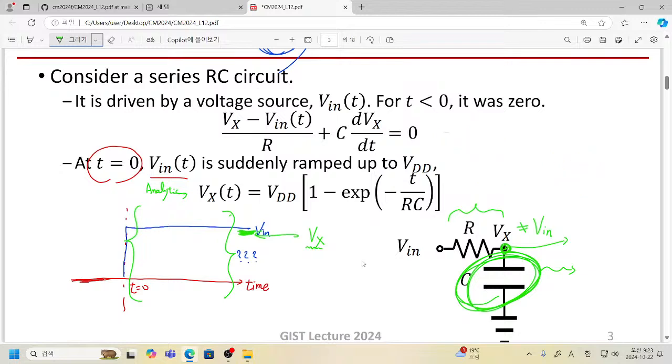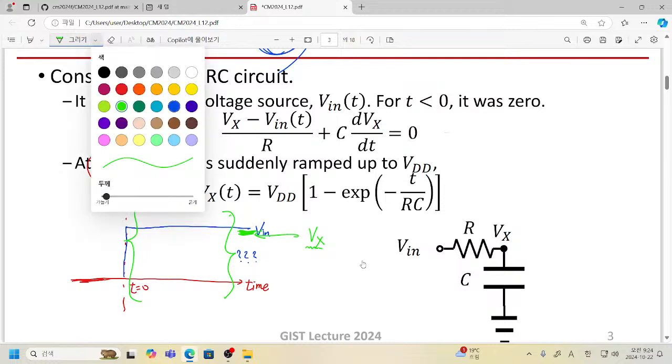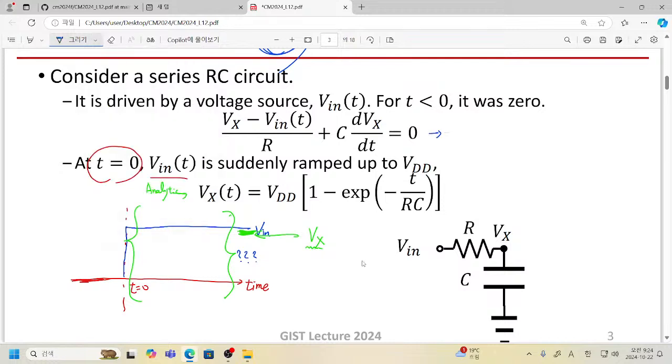Let me do a little more about this equation. I have some space here, so let me briefly manipulate it.